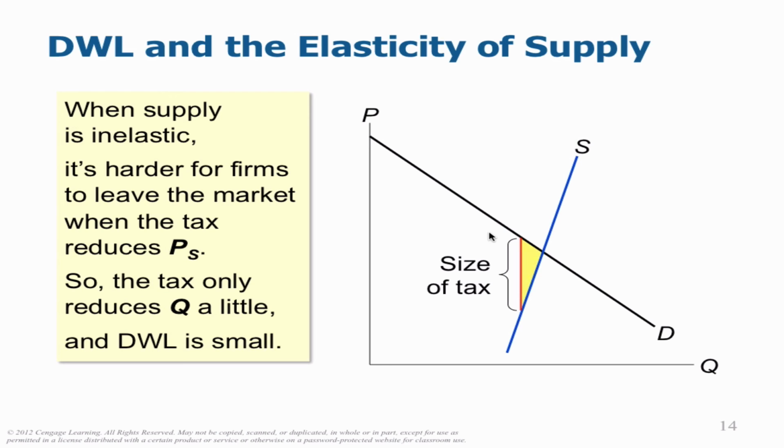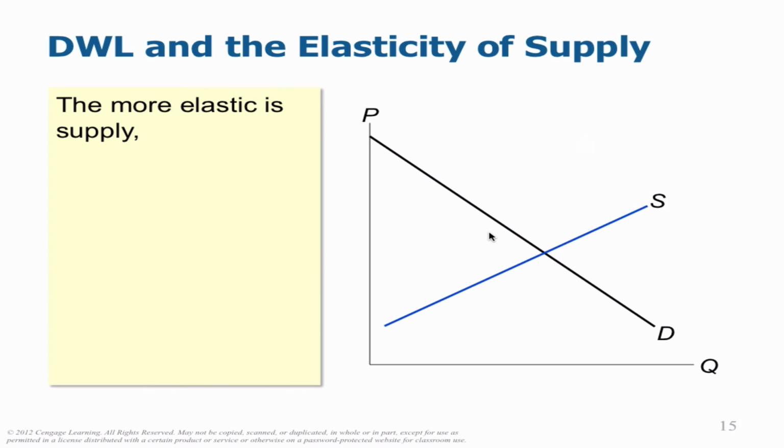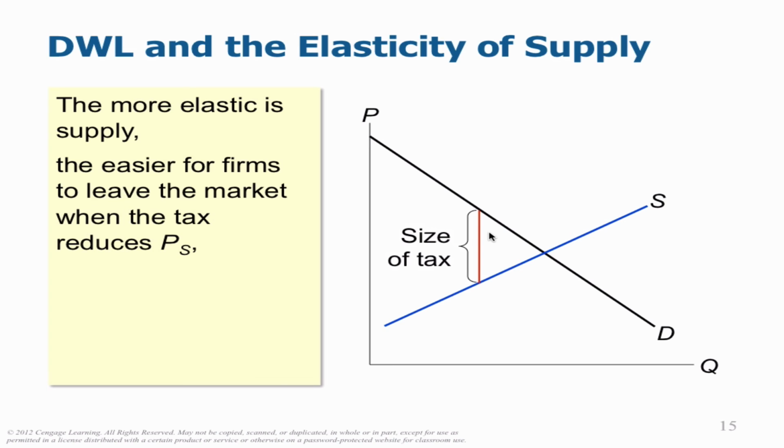All right. So let's make supply more elastic. Let's do lawn mowing maybe. So now the government is taxing me on my lawn mowing services. That shifted the quantity quite a bit.